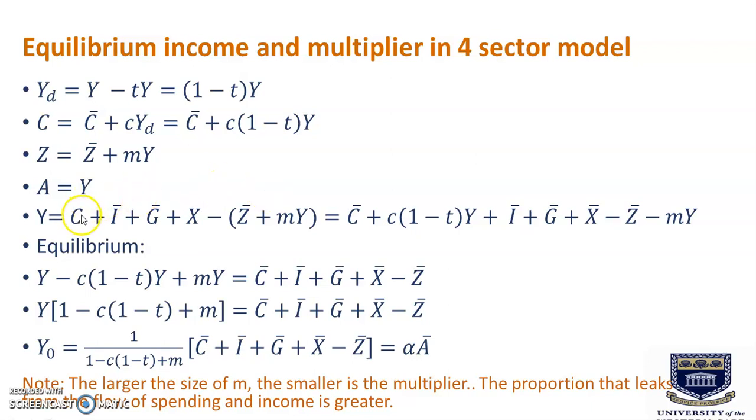We can now substitute the various components for these symbols. Right, so here we have our consumption function substituted for C.